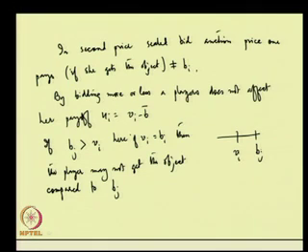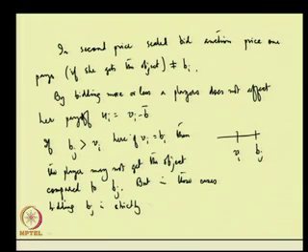So, in some cases by bidding Bj I will get the object, but by bidding Vi I will not get the object. But in those cases bidding Bj is strictly worse, because these are the cases where this will happen.